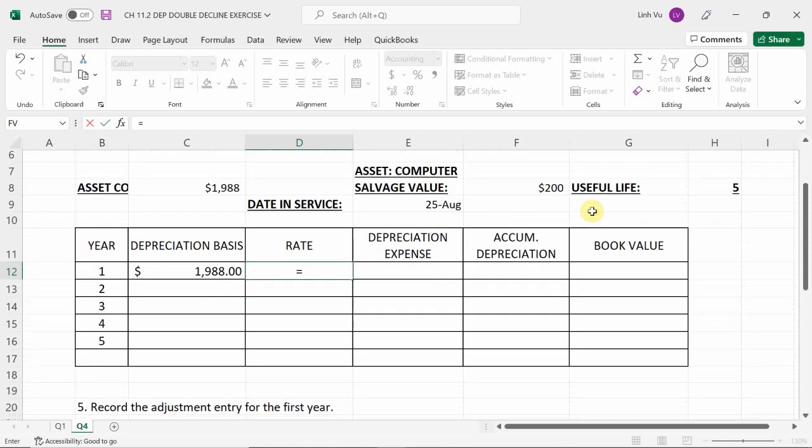It's going to be 40%. So 1 divided by 5 times 2 is 40%. So now, what's my depreciation expense?